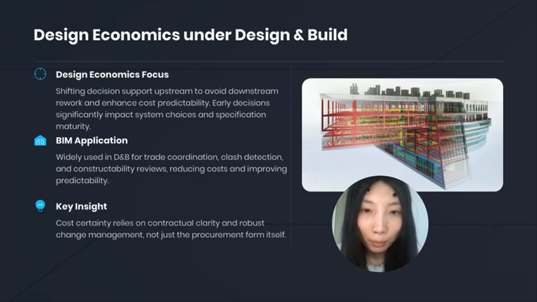Economically, that means fewer delays, fewer rework costs, and more stable cost performance. Therefore, BIM is not only a technical tool, but also a cost predictability tool in design economics.